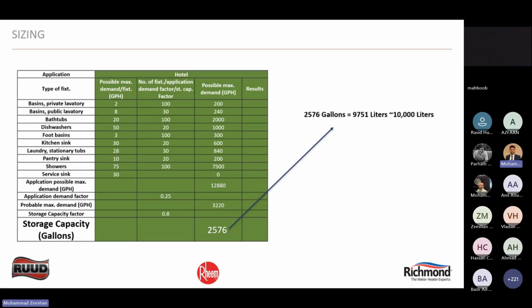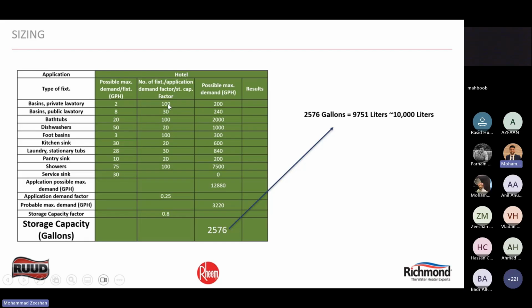There is a table we refer to from the ASHRAE handbook for hot water demand calculation, and we input those details into this Excel sheet, where you have the total number of fixtures.